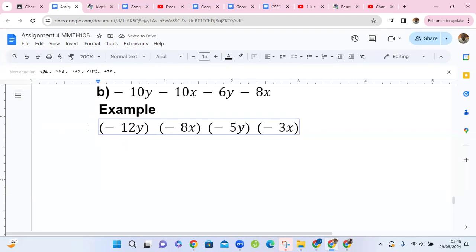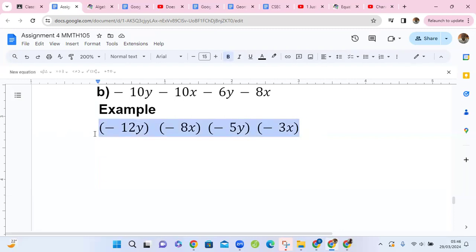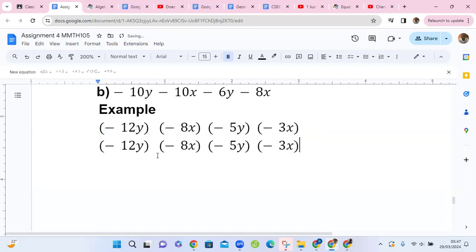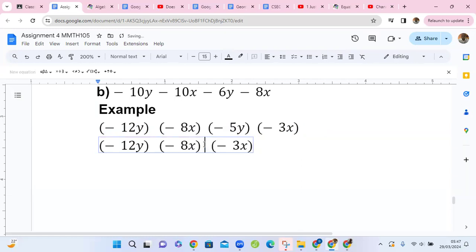So we've got 4 terms here: negative 12Y, subtracting 8X, subtracting 5Y, minus 3X. So bringing like terms together now, we are mentioning the same sound of the letter Y and Y. So let's carry that and bring that next to minus 12Y, and X, minus 8X, minus 3X, sorry.